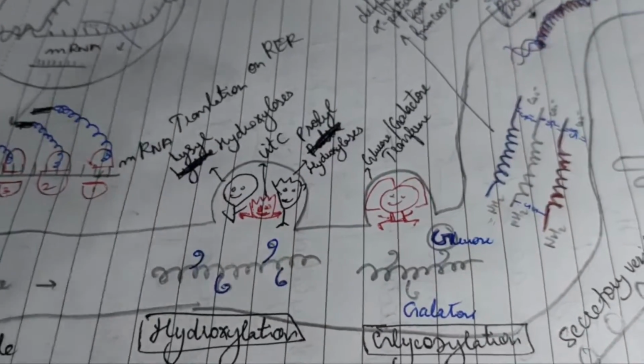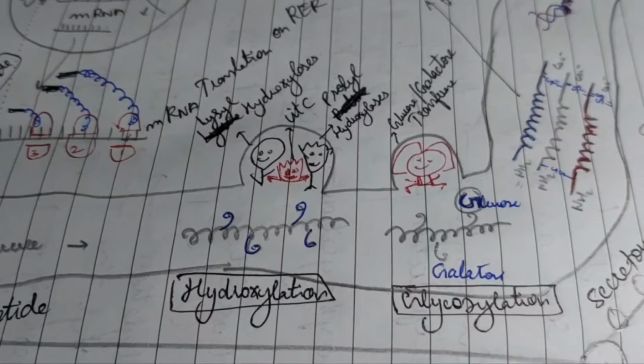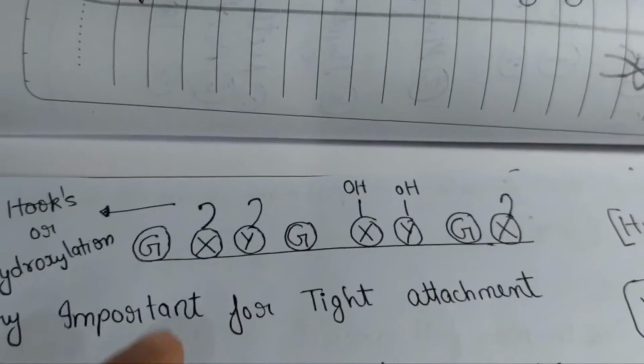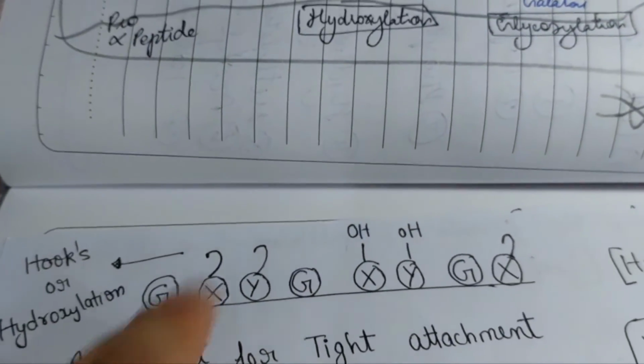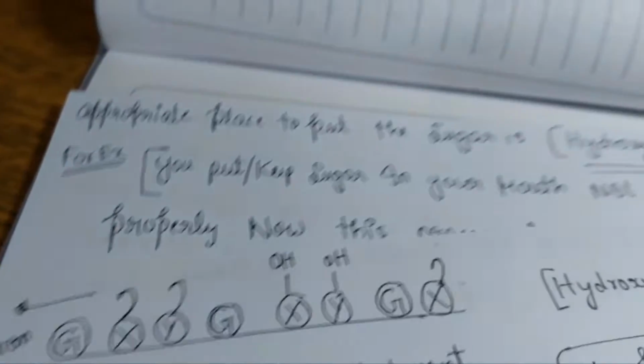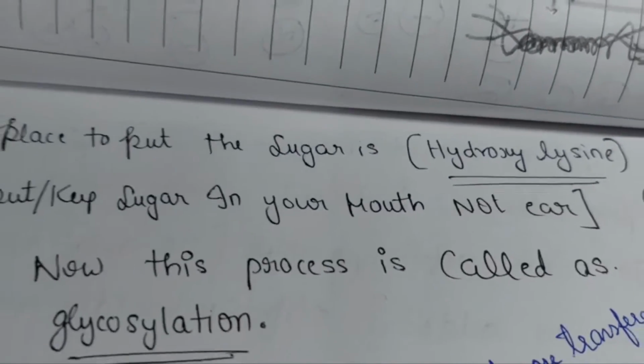So remember we said that in the amino acid sequence of pro alpha peptide we have GXY. Here G is always glycine, and Y can either be proline or lysine. So if the Y is lysine, and when we hydroxylate it and add OH on it, it will be called hydroxylysine.